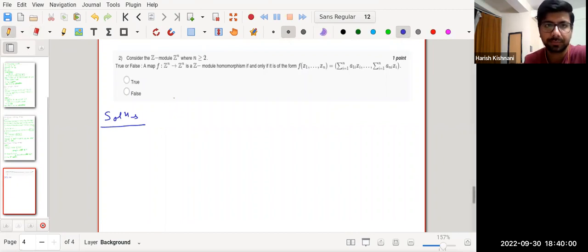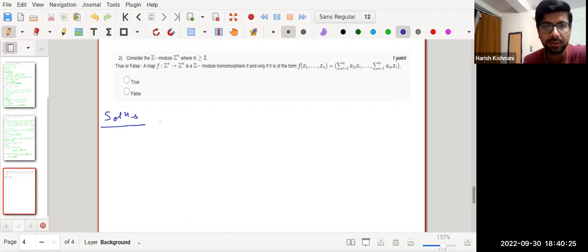So first of all, as you are in a module, only addition and multiplication is defined. You don't have the concept of inverse in general. In fact, as your ring is Z, you don't have the inverse for each element. So you cannot say that a homomorphism is a rational function. It's going to be a polynomial function in general.